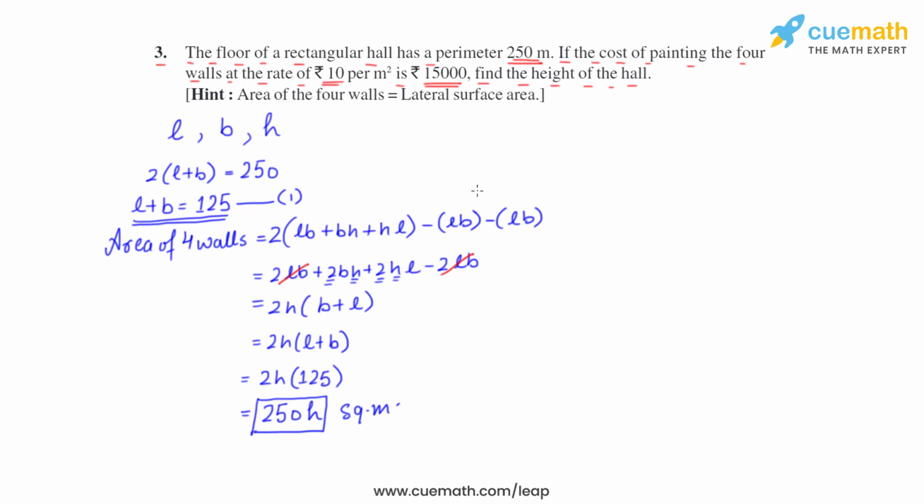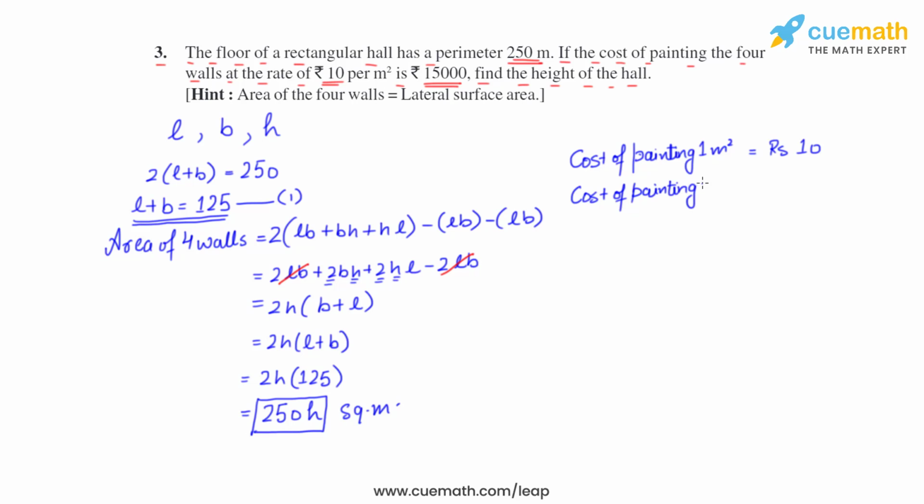The next thing they have given is the cost of painting. The cost of painting 1 square meter is rupees 10. If we need to find the cost of painting the four walls in terms of H, what will we do?